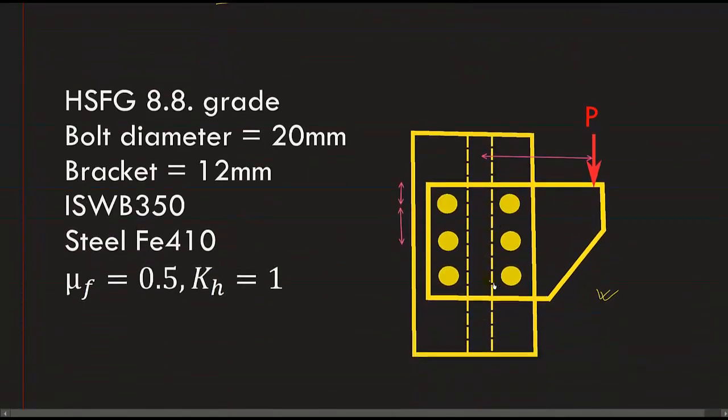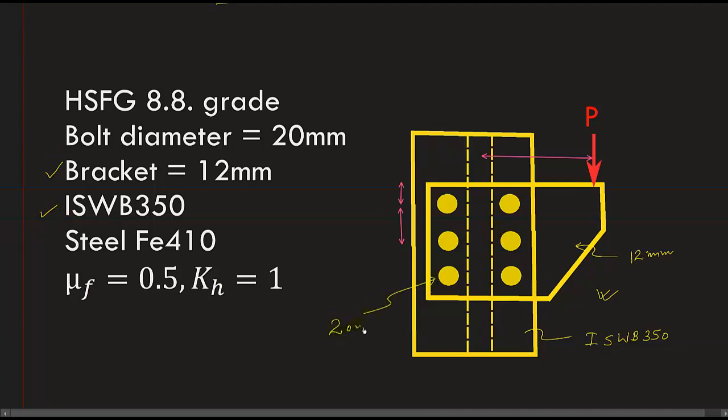So this is the situation we have. This is my bracket and it is of 12 mm thickness, and this column is ISWB350. This means I can see the properties of this column in SP6. There are 6 bolts and the diameter of each bolt is 20 mm.